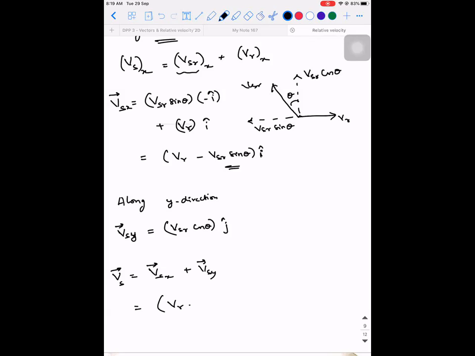It will be VR minus VSR sine theta i cap plus VSR cos theta j cap. This is the general expression for the velocity of the swimmer. I'm repeating it: all that I'm explaining is a general case. While you're solving the problem, only a specific idea from this particular concept will be taken for application.